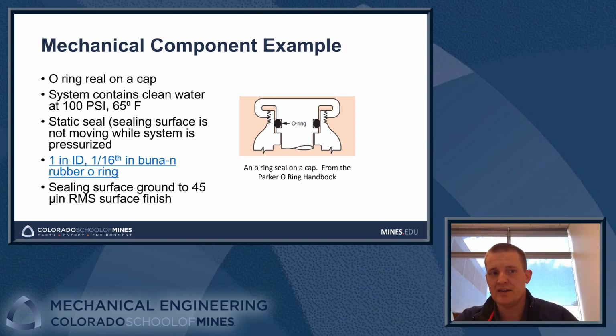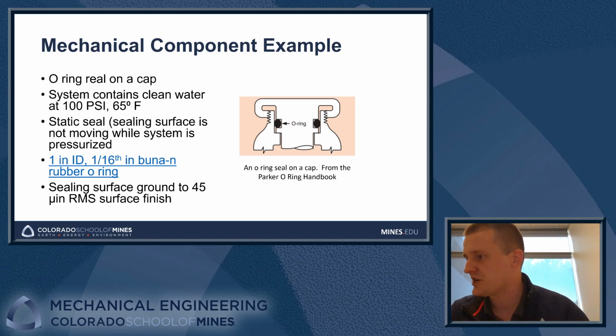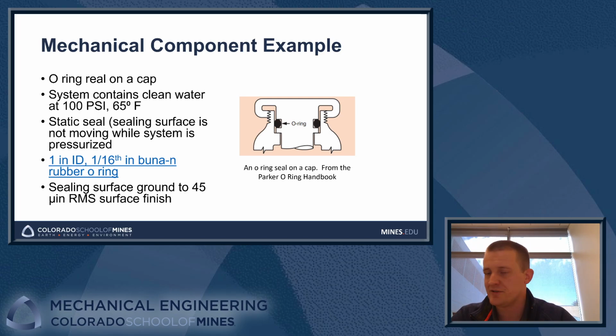We're going to say that our process fluid here that we're sealing up is clean water. It's 100 psi and 65 degrees Fahrenheit. This is a static seal, which means that once we screw down that cap, the seal's not moving. It's not like on a piston that's sliding back and forth, or there's no shaft that's spinning underneath it. Well, it has to seal pressure.